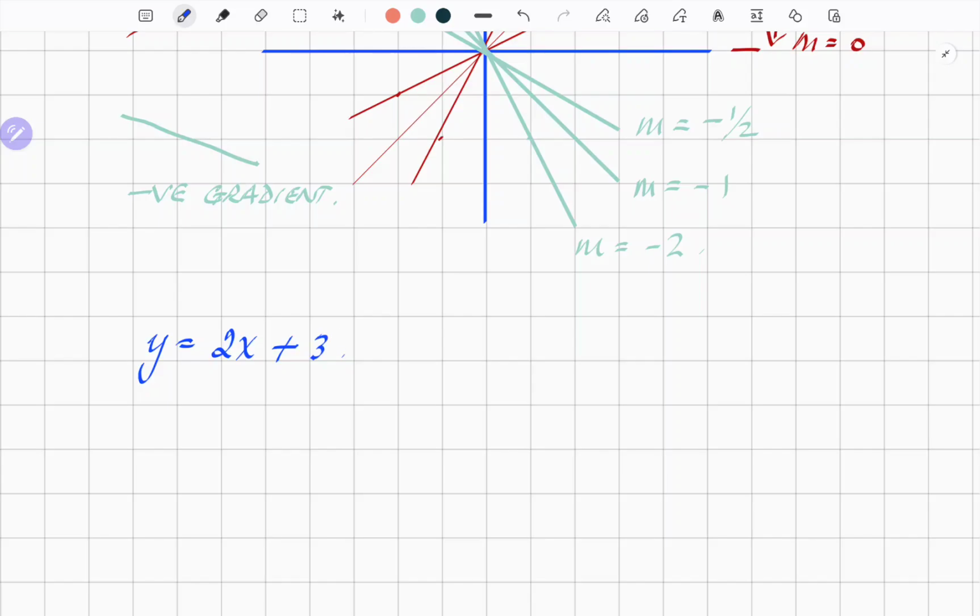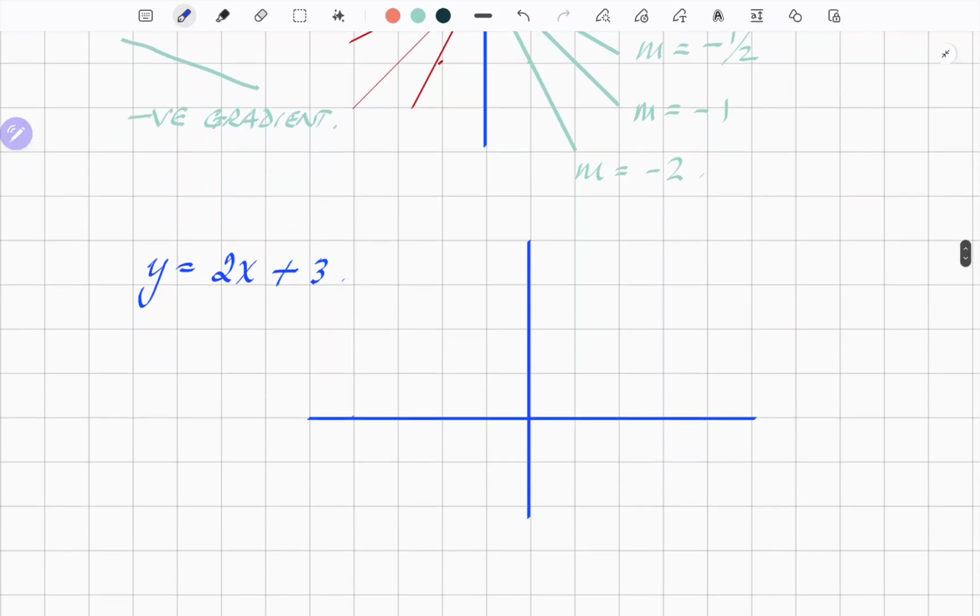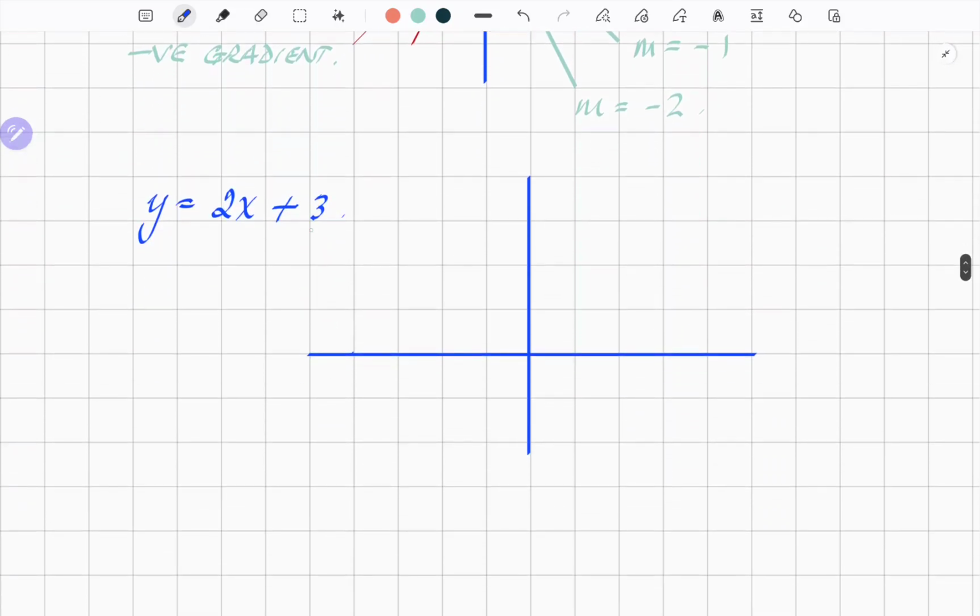So in your normal grid system, you sketch a thing like that. Because of the plus 3, that's the y-intercept. So we know that it goes through the value 3 on the y-axis, like there. That's where it's going to cross the y-axis.